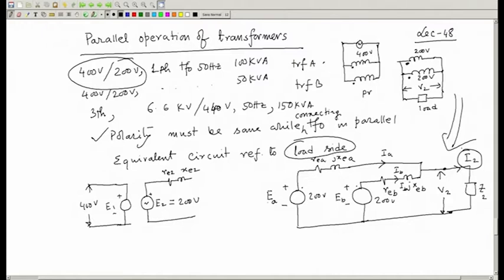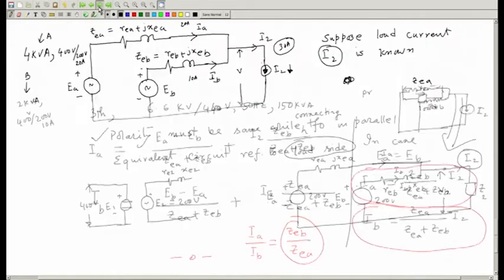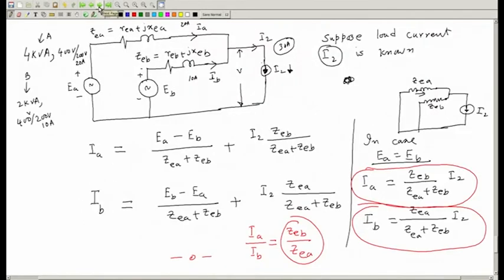In the case of transformers, current ratings are kVA ratings only, since voltages are maintained almost the same. Therefore, whenever I say current ratings, it means kVA ratings. So we found these expressions: for a given I2, if this is known, your IA will be this much and IB will be this much.